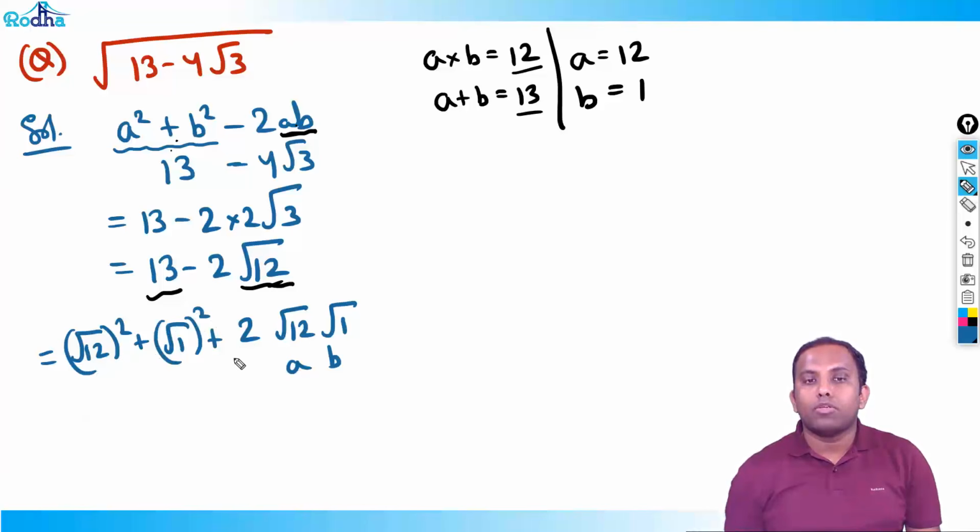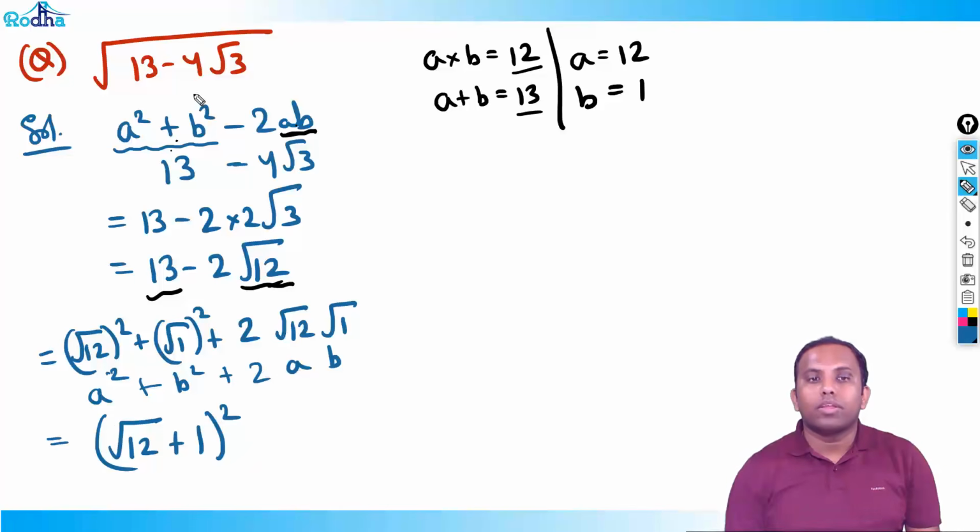So a square plus b square plus 2ab becomes a plus b whole square. So root 12 plus root 1, root 1 is 1 only. So root 12 plus root 1 whole square.